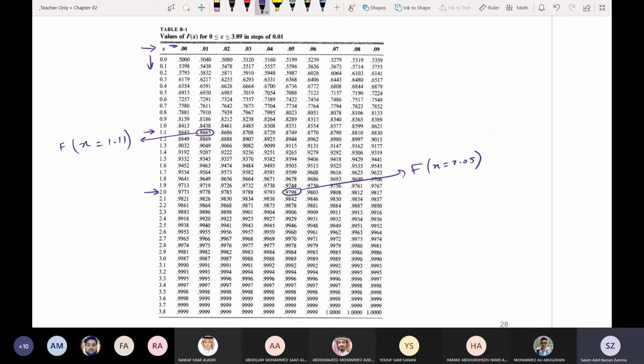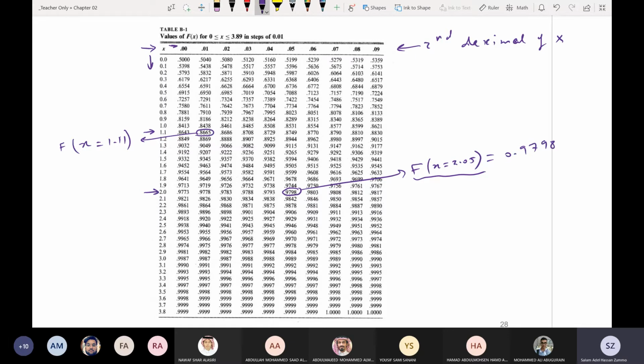So in this table you have the x value and the details of x. This is the second decimal of x. Doctor, first. Please go ahead, what is the final number? 0.9798. So for example, if the value of x equals 2.05, it's equal to 0.9798.